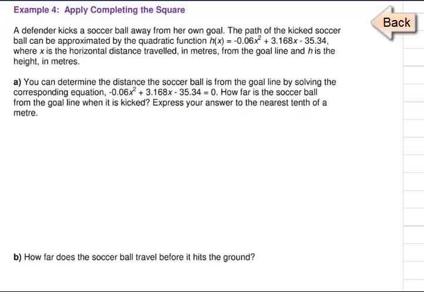Okay, so let's picture what this might look like. Here is the soccer field, and I'm going to call this the goal line. Somewhere out here is the goalie.